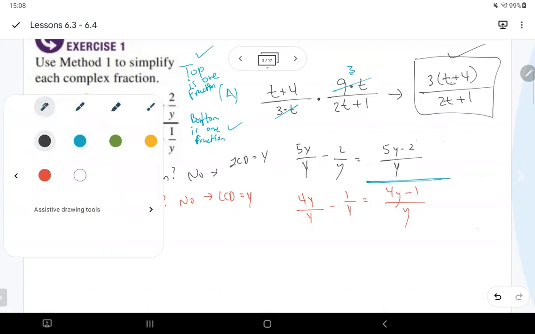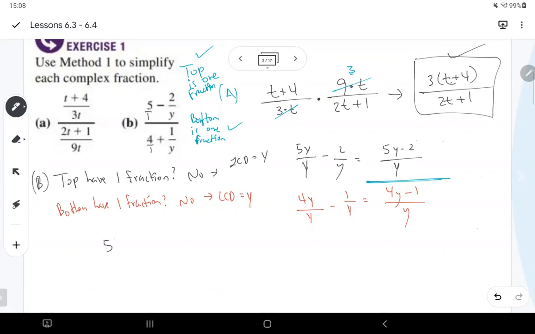But what we're going to do is rewrite the top, and then multiply by the reciprocal of the bottom.